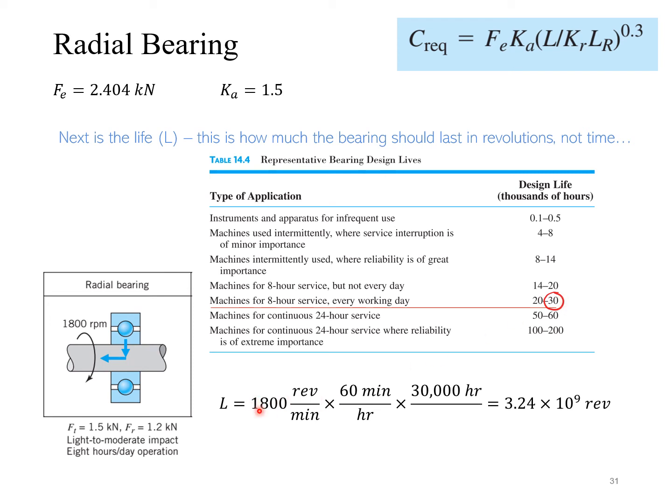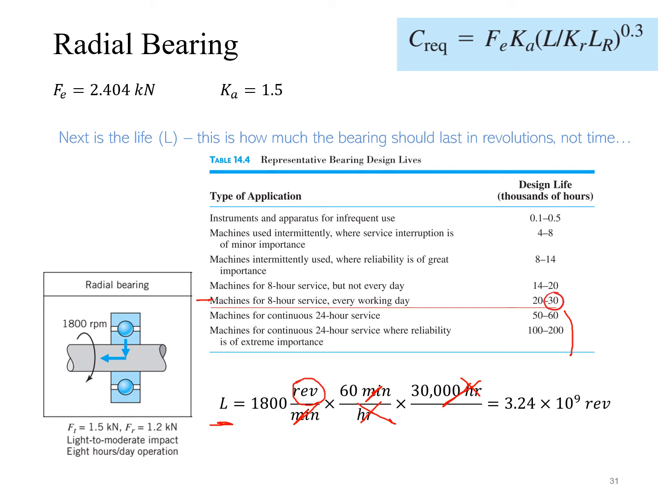Okay, so for the life here, we know it's operating at 1,800 revolutions per minute. So I'll multiply times 60, so I can now have revolutions per hour, because the minutes are going to cancel here. And then I'll multiply times 30,000, which is the upper range for the application that they want. So now hours are going to cancel with hours, and you can see that we're going to end up with the life of the bearing just in terms of revolutions.